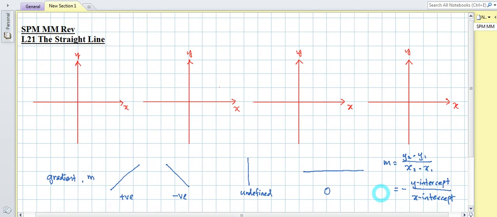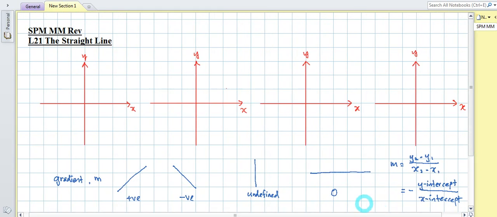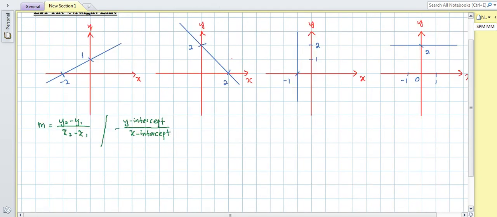Okay, so let me show you how we find the gradient of a straight line. Here we have 4 types of gradient. I will show you how to calculate the gradient using the formulas I showed just now.